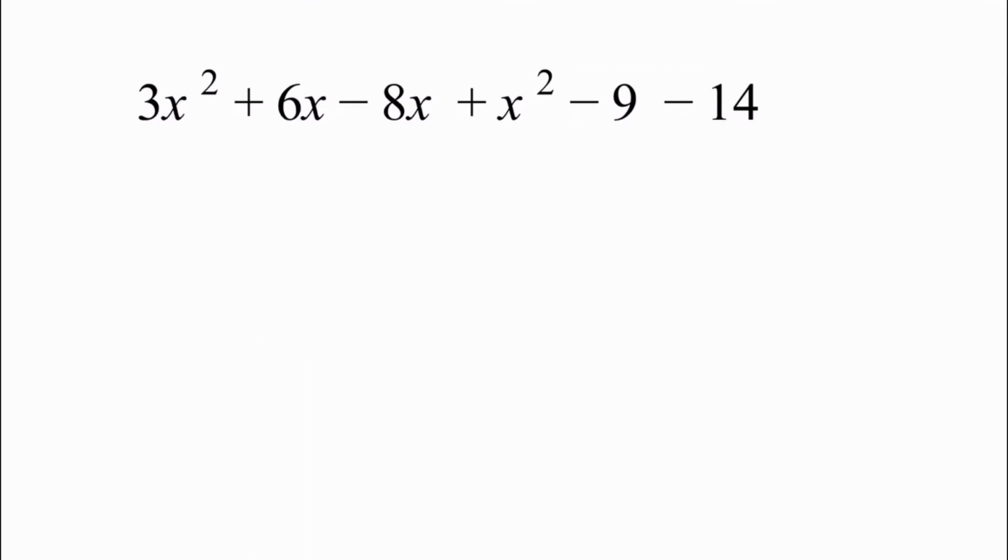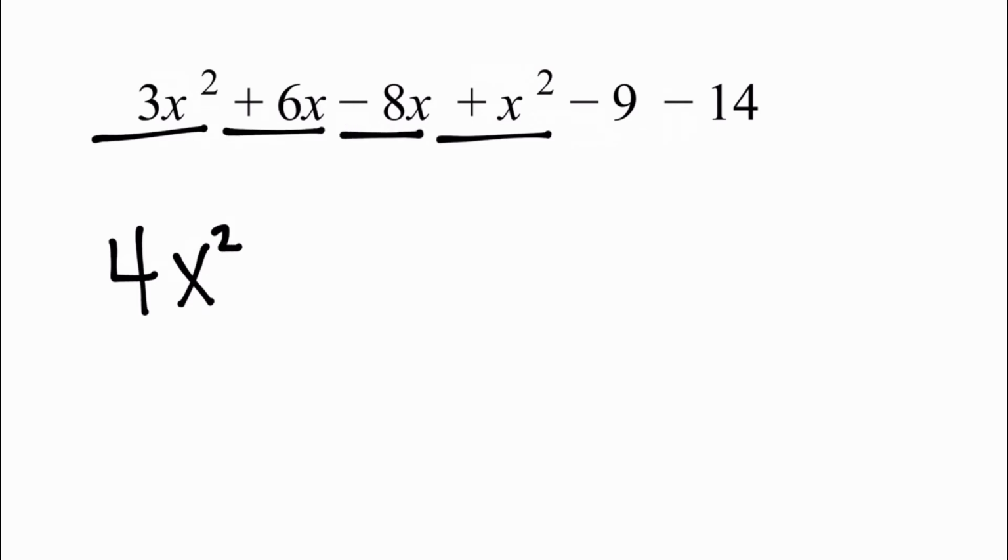So we have 3x squared plus x squared. There are no other x squareds, so we're just going to do 3 plus 1, that is 4x squared. Then we have 6 minus 8. These are the only ones that have x's with an exponent of 1. So I'm just going to put these two together, and 6 minus 8 is negative 2. So this is negative 2x.